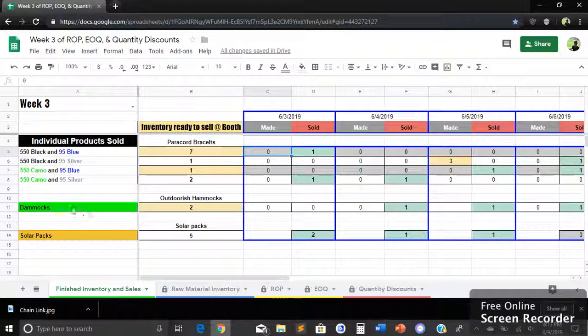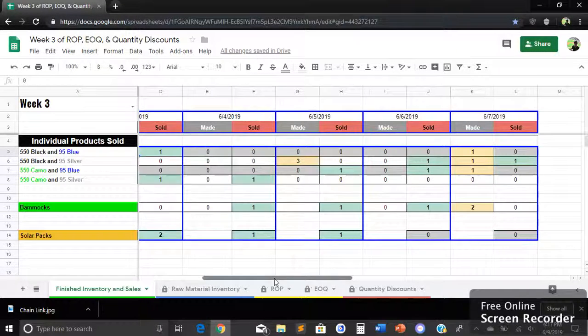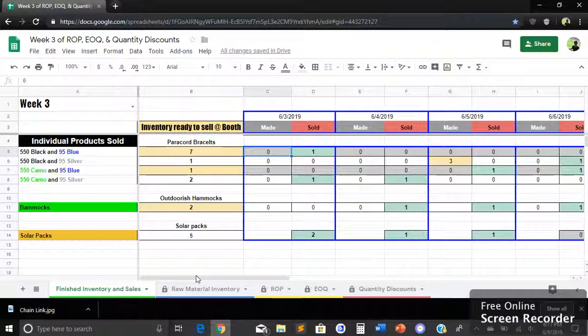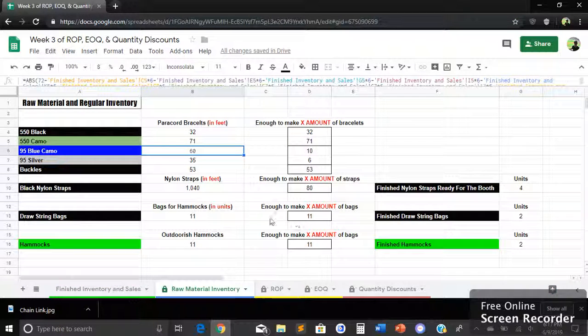Now let's say we did a hammock. When we account for making hammocks, or bammocks in the case of our company, we make it out of 1 nylon hammock, 1 drawstring bag, and 26 feet of nylon.